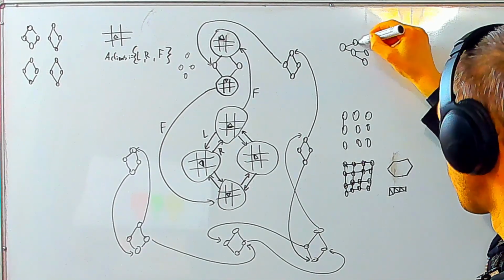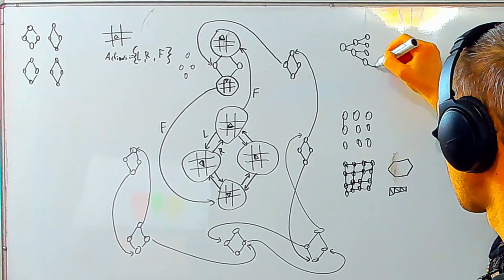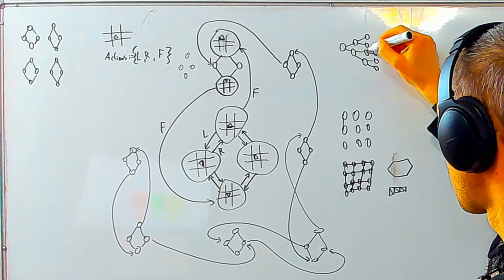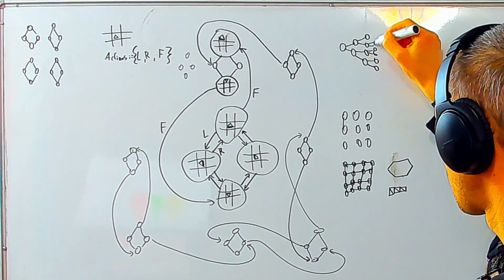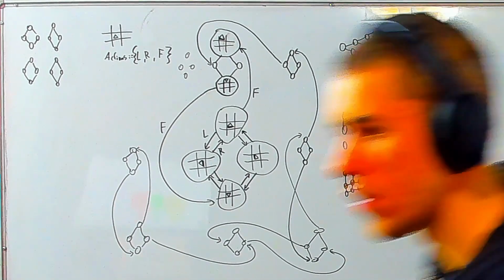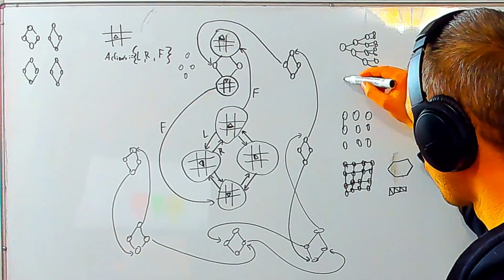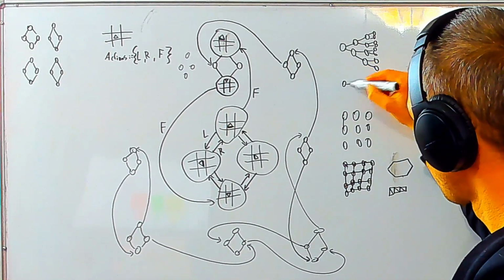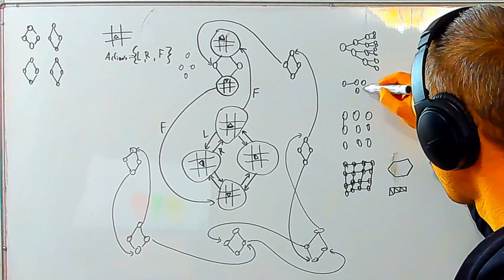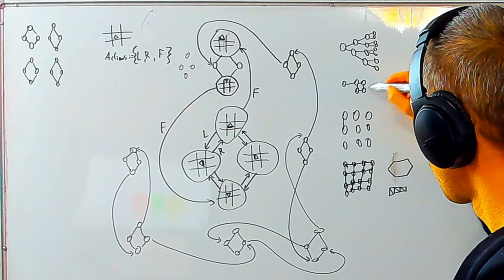Here's a tree. Is the tree symmetric? Another example would be, what about this? Yeah, the tree is the free left-right group. That's commutative. No, not commutative.